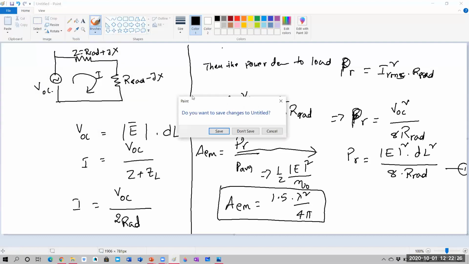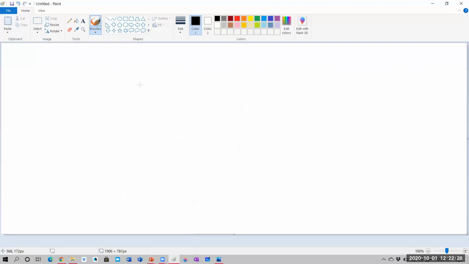For aperture only, the aperture beam area relation: aperture A_E equal to lambda squared by the beam area omega_A.